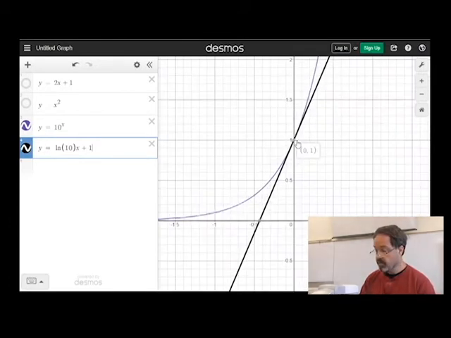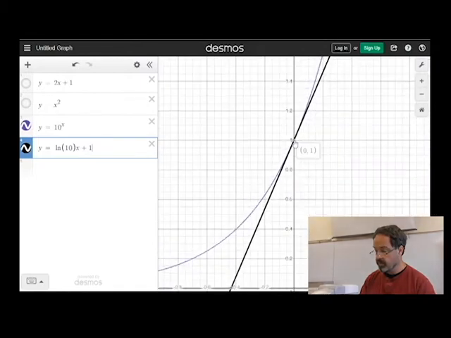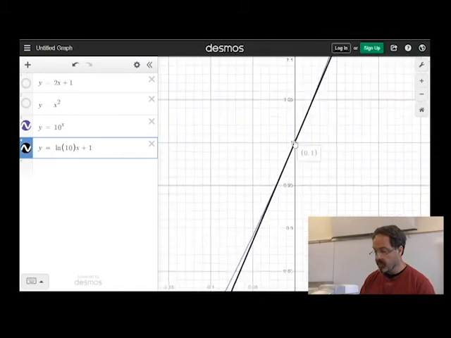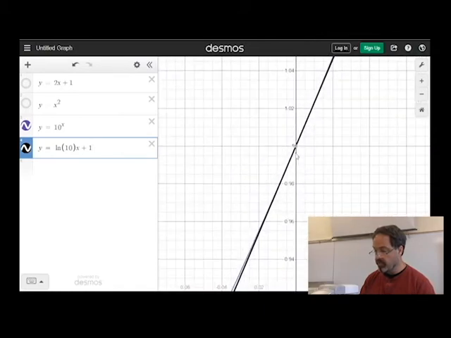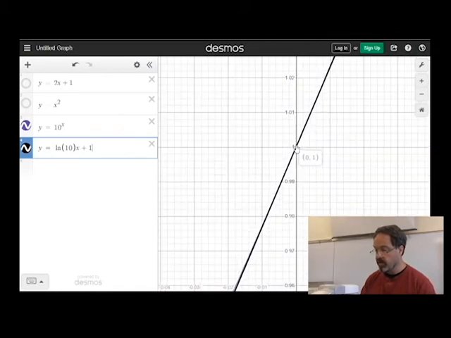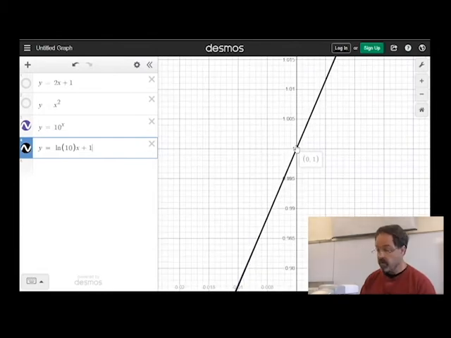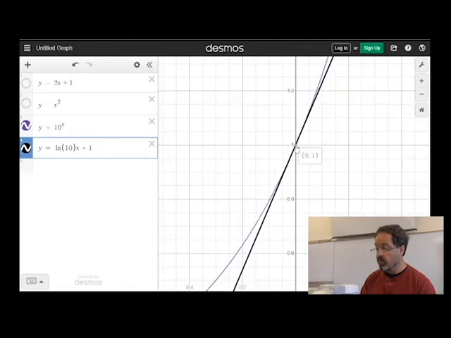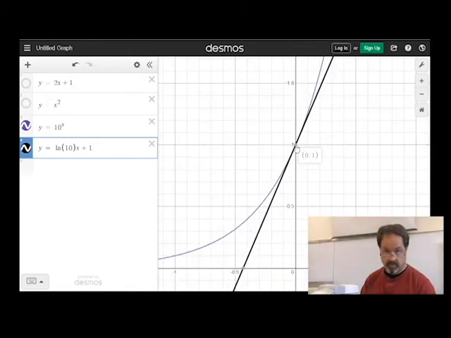And if I zoom in on that point of intersection, I can see that the purple exponential curve gets gradually and gradually more close to the linear black line.